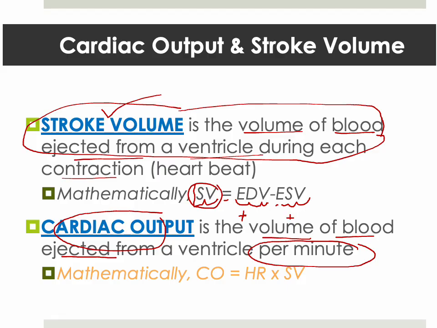So, mathematically speaking, the cardiac output is the heart rate, meaning the beats per minute, times the amount of blood coming from each contraction.